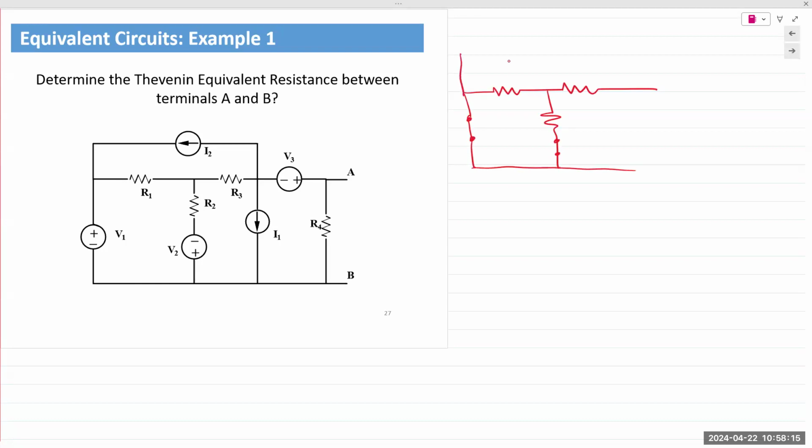But there's actually no need to draw out the wires at all. You can leave the spot empty.